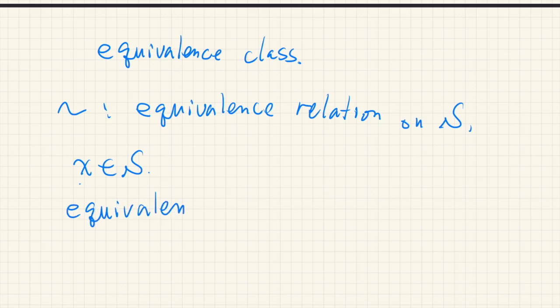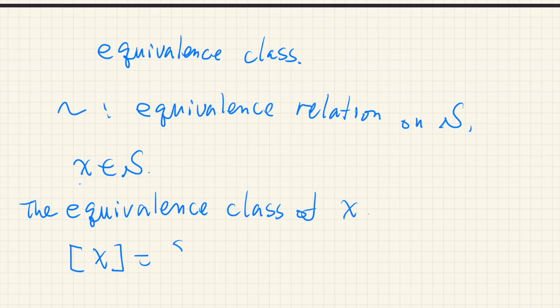The equivalence class of X is defined by this bracket X, that is the set of all elements Y, such that Y is equivalent to X. Of course, Y must be an element of S, right?